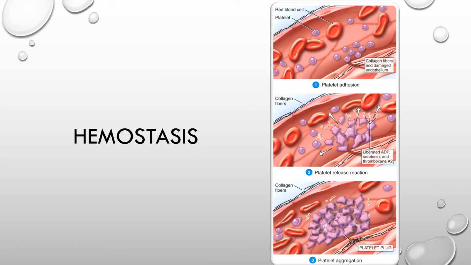So here we have platelet plug formation. So this is how a platelet plug forms. So here on the top picture, this is when initially the platelets will contact and stick to parts of a damaged blood vessel, such as these collagen fibers of the connective tissue in the underlying damaged endothelial cells.